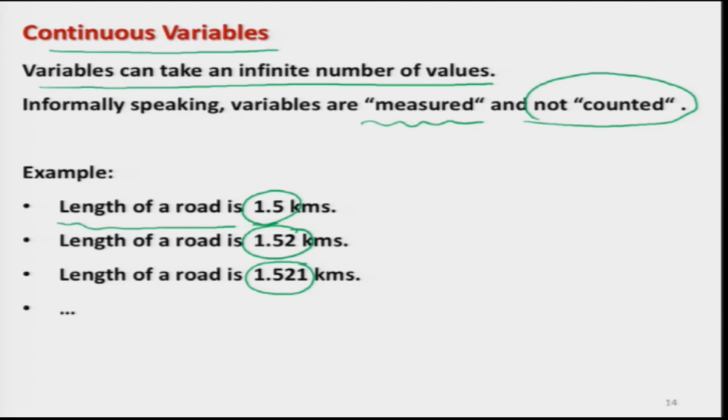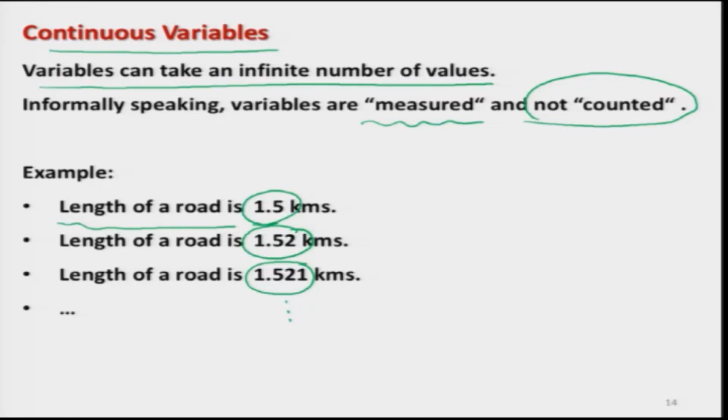In this case you can continue as long as you want depending on the instrument, depending on the length. So, in this case I am measuring the value, and this value can take an infinite number of values. So, this type of data usually we collect under the headship of continuous variable.